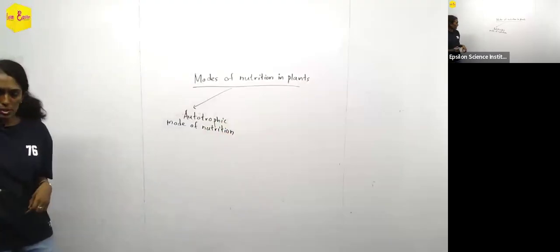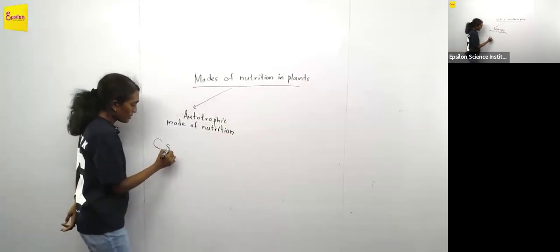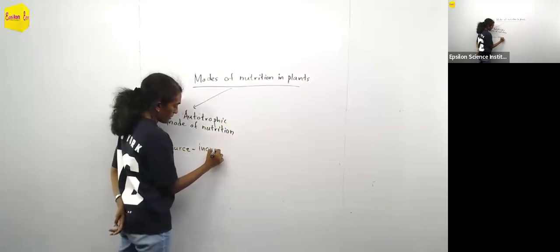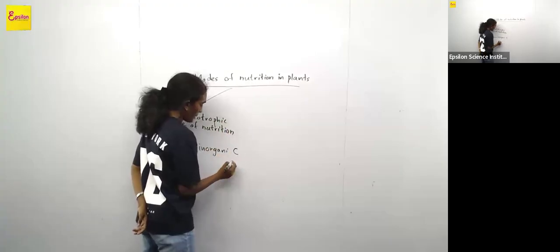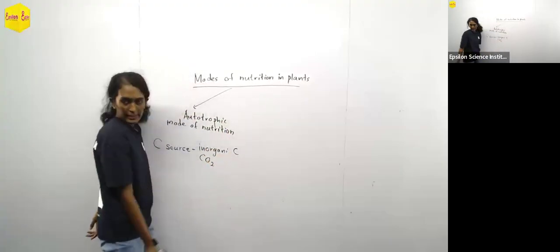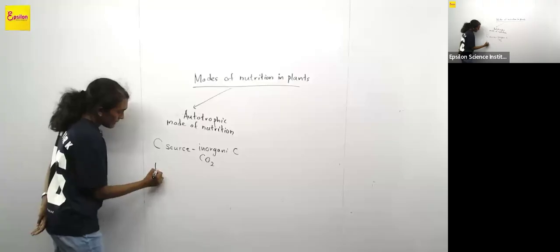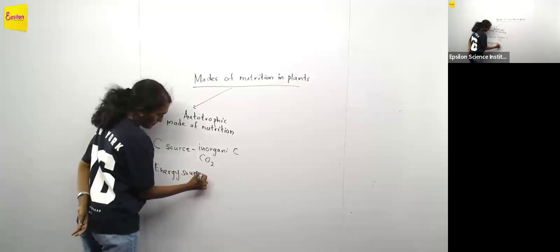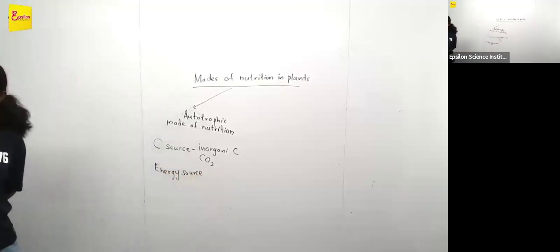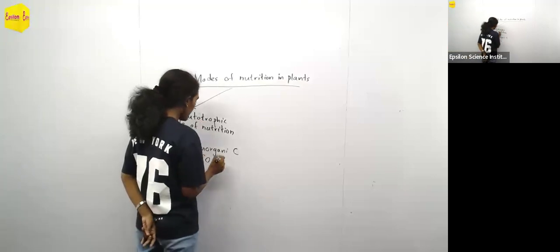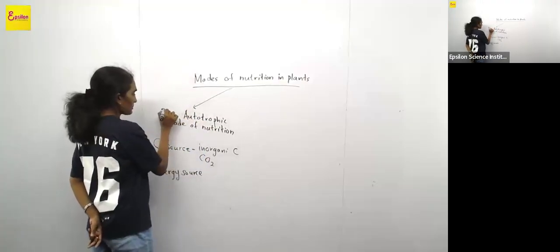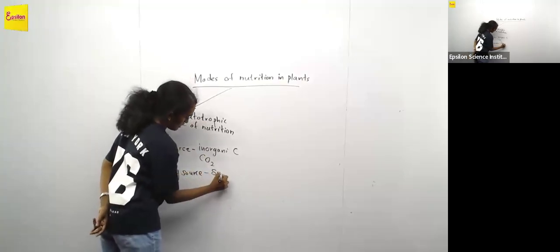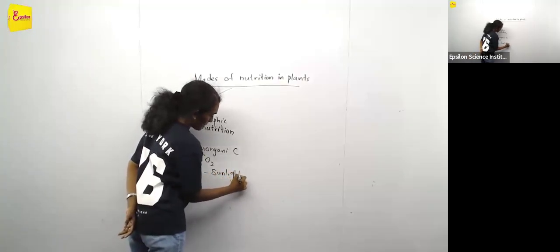In the autotrophic mode of nutrition, we have carbon source, inorganic carbon. What is that? Carbon dioxide. Then what is the energy source? What gives energy? Sunlight. That's why it's photoautotrophic. All right. That part okay?